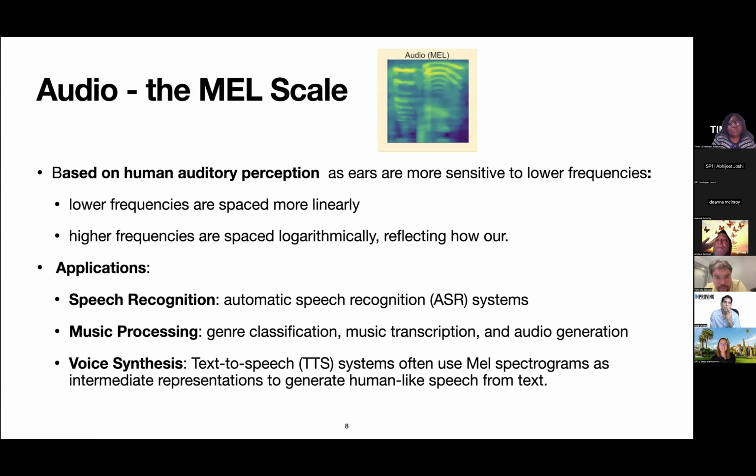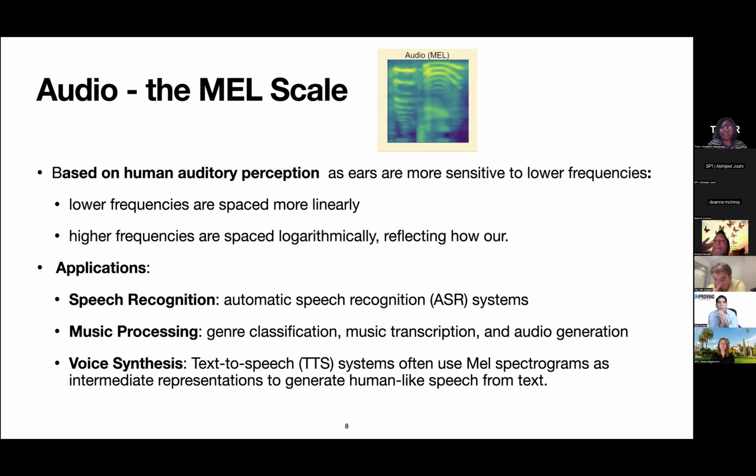As I started my research career in signal processing, I'm happy to explain the background of this MEL spectrum. Namely, as you know, there is a certain frequency bandwidth that we can hear as humans, and not all frequency bands are created equal.